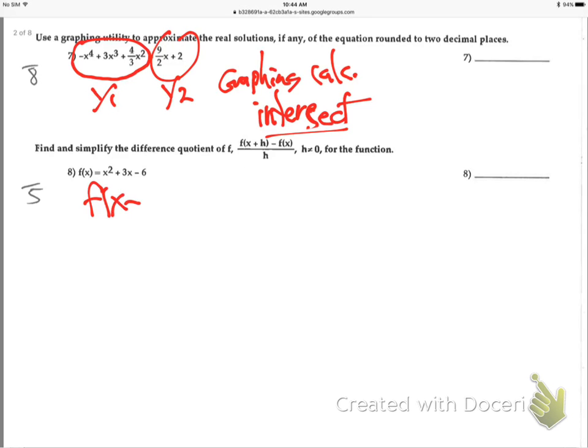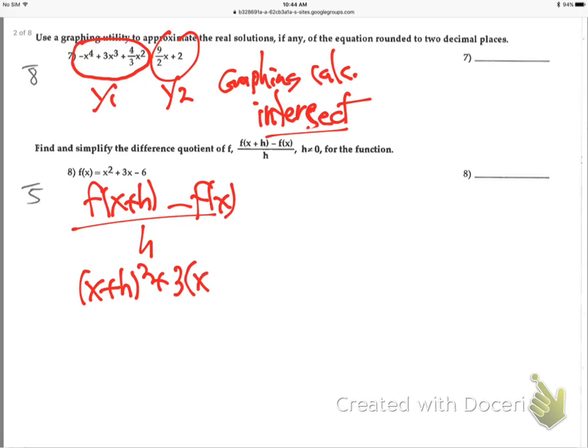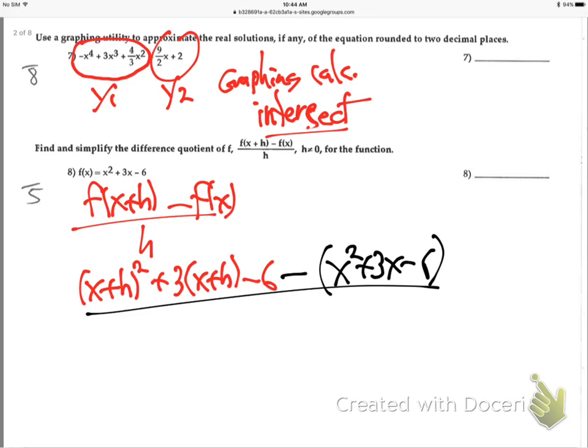So f of x plus h minus f of x all over h. So let's plug in x plus h to that function. (x plus h) squared plus 3(x plus h) minus 6. Everybody good to there? That's f of x plus h minus, and then f of x, all over h.